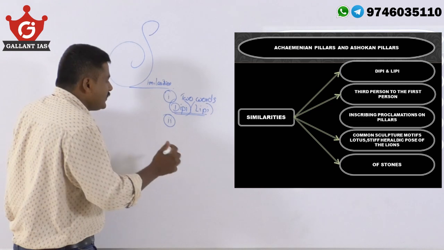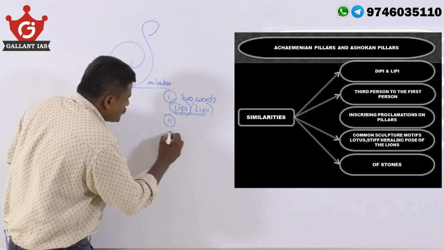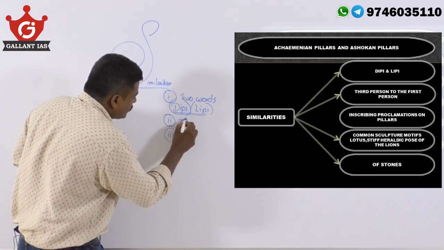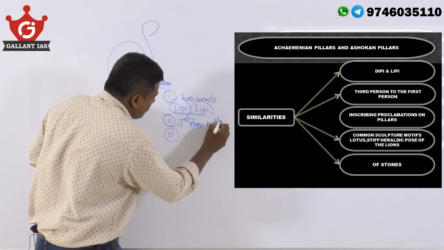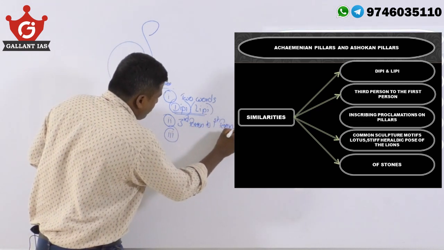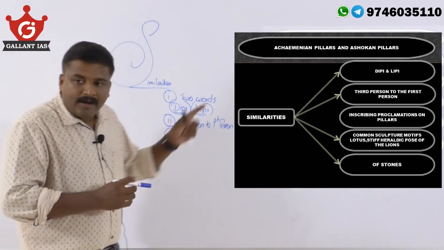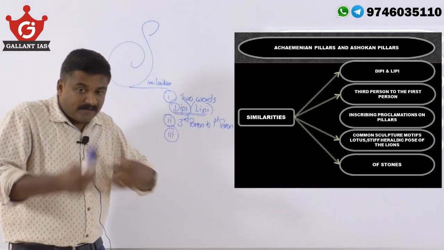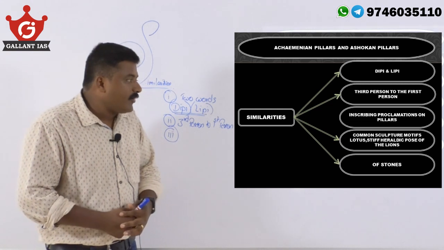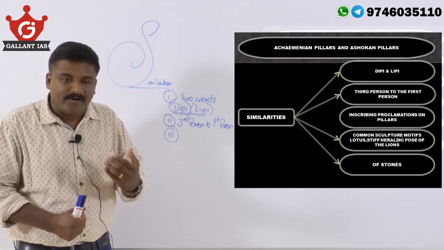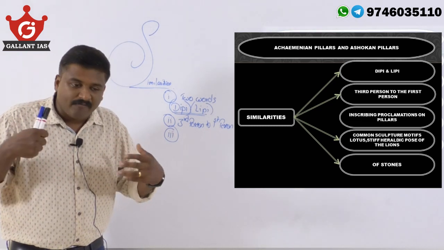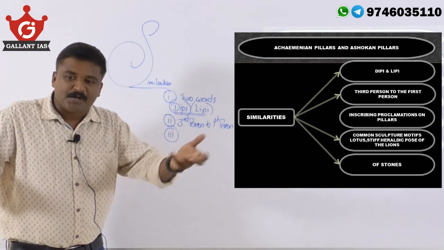Then obviously the pillar inscriptions. This pillar architecture, or pillar art, was used for inscribing proclamations or royal ordinances or royal orders, that is, royal information.